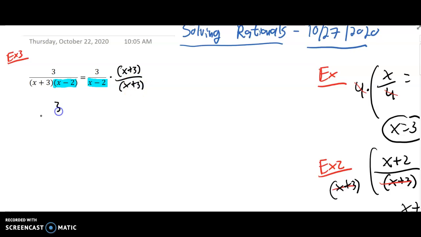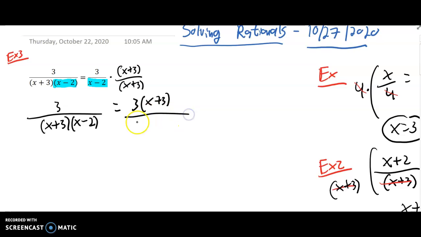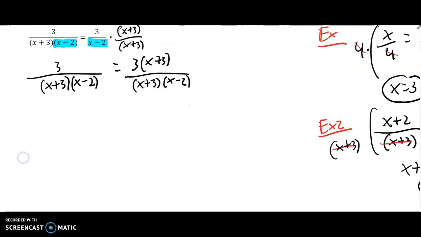So the first fraction stays the same. Okay, our denominators are equal, therefore our numerators are also equal. And this happens, again, because we can just multiply by the denominators and they'll both cancel out.